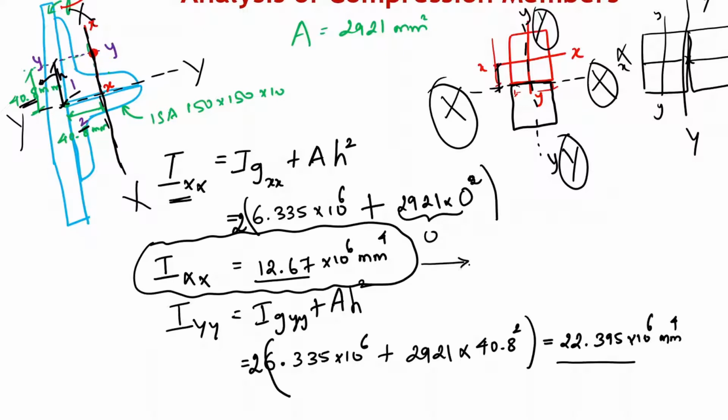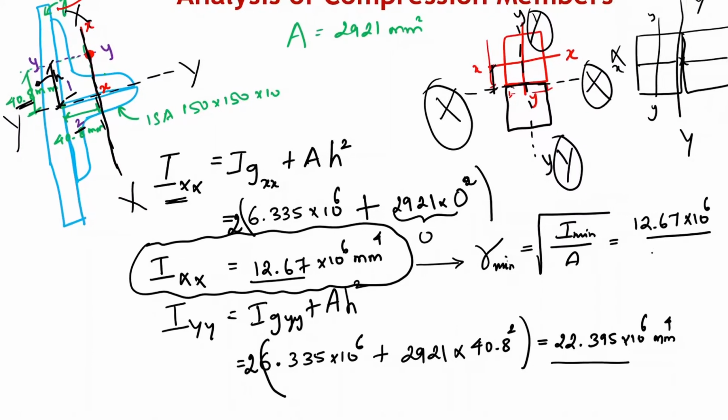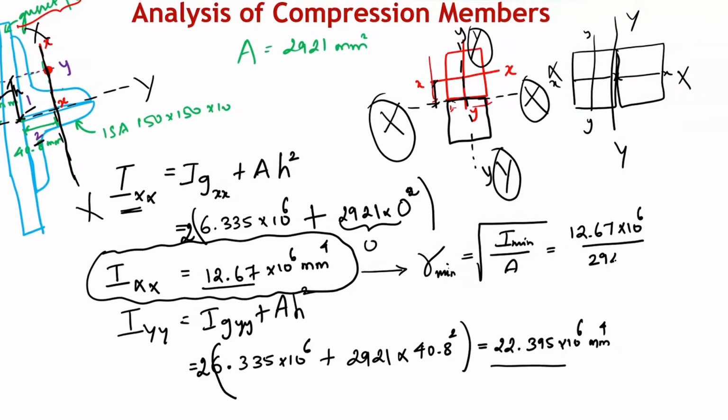And so the minimum radius of gyration is equal to square root of I minimum upon area. So I minimum is 12.67 into 10 to the power 6 upon area 2921.